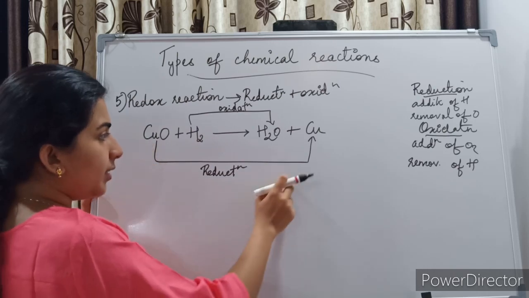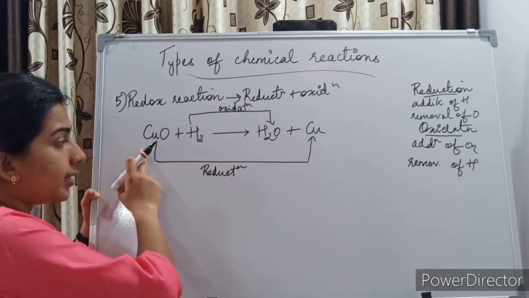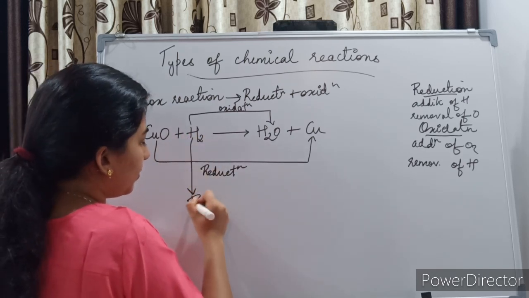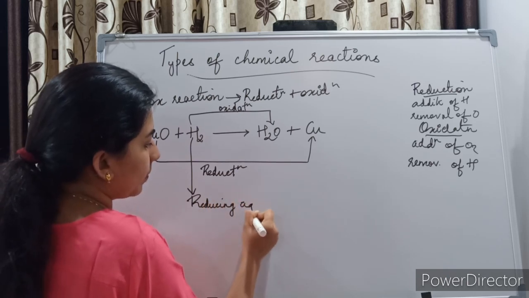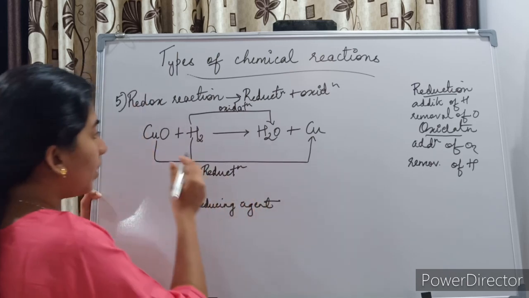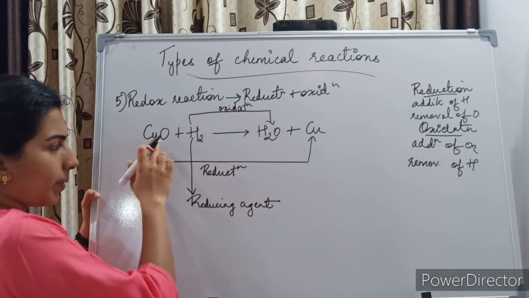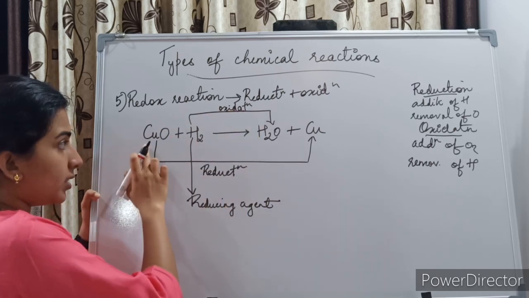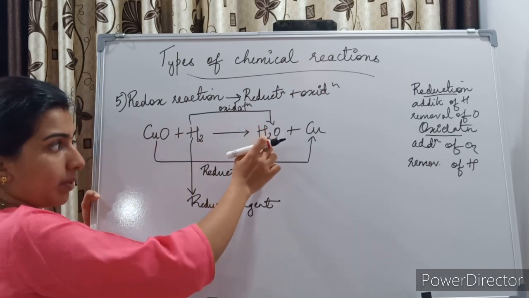So hydrogen is helping copper oxide to get reduced. So this hydrogen is the reducing agent, and this copper oxide is helping hydrogen to get oxidized because it is giving out oxygen and hydrogen is abstracting that oxygen and becoming water.